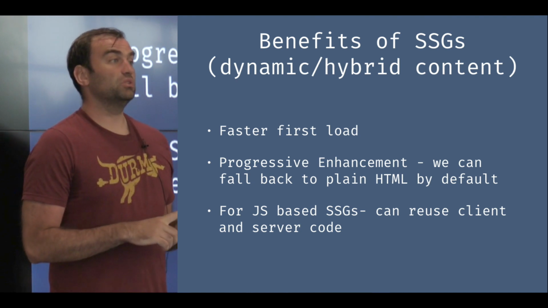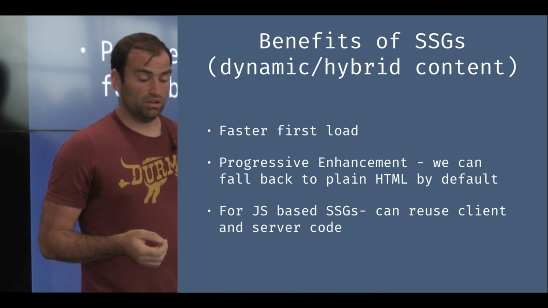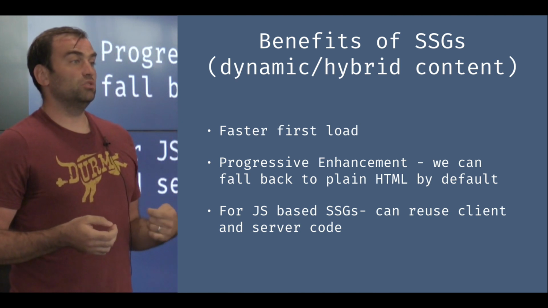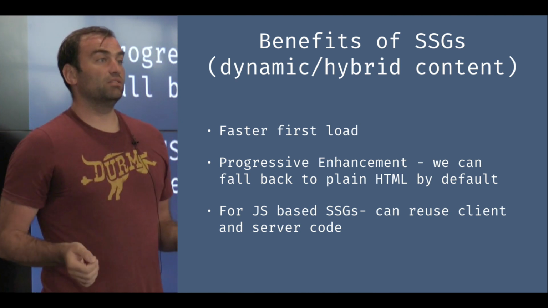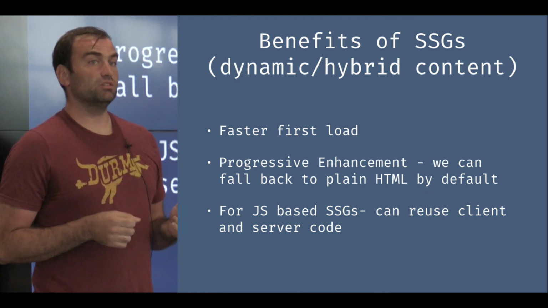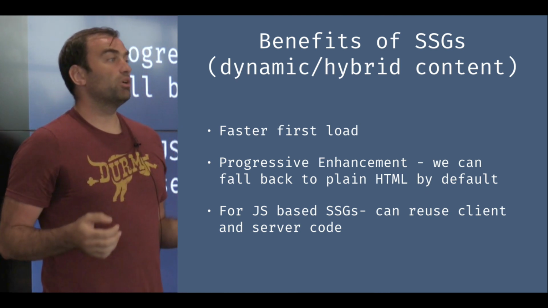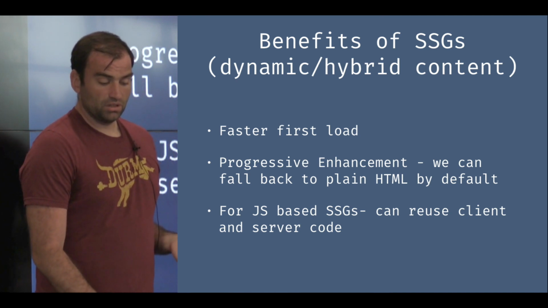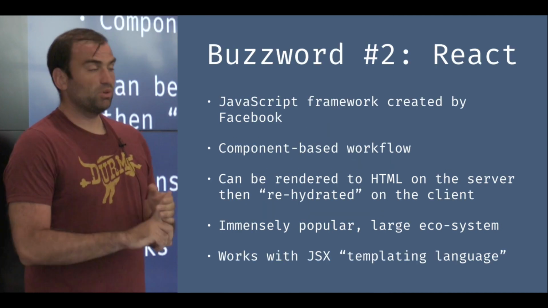And that's especially true if the static site generator is based on JavaScript, because you can share the same code back end and front end, and basically as you upgrade the front end, you're getting all of that in HTML form for free to start. So that was buzzword number one.